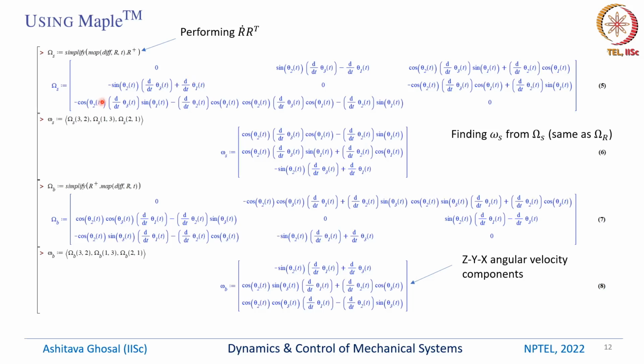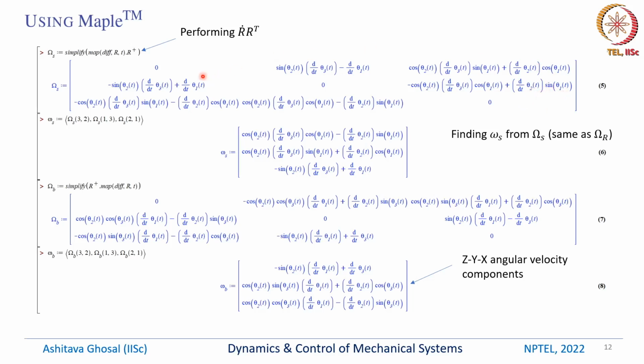Likewise, we can find all other terms. So as you can see, we obtain this, clearly a little bit different from how you write it by hand, but all the terms are there. So this is theta 3 dot, theta 1 dot, minus sine theta 2. If you look at another example, this is minus cos theta 2, this is theta 3 dot into cos theta 1, plus theta 2 dot into sine theta 1.